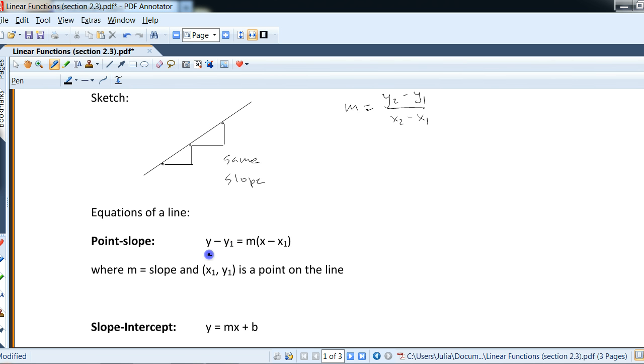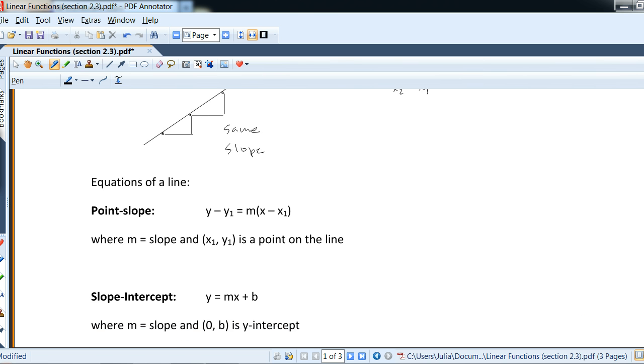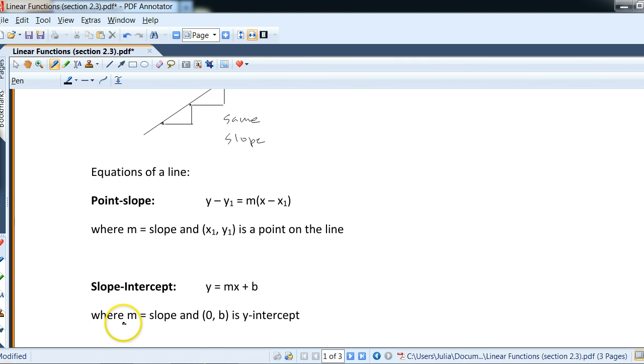By solving for y, essentially we're getting it to be in this form. So point-slope form is usually the equation you want to start with, and slope-intercept y equals mx plus b is what you want to end with. And this is information that we know about it: m is the slope, b is the y-intercept, if we write it as a point, 0, b.